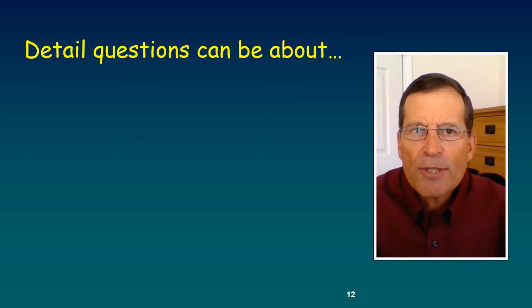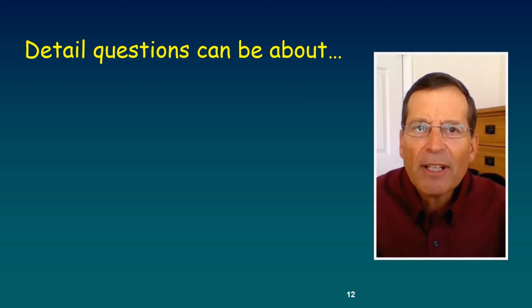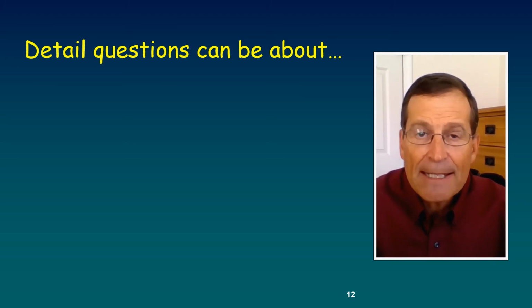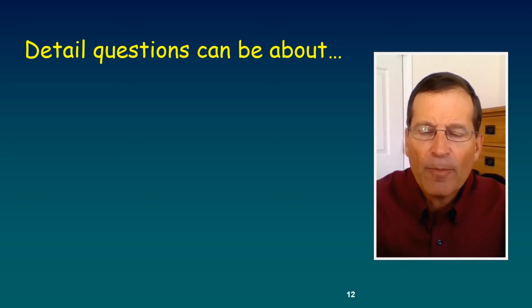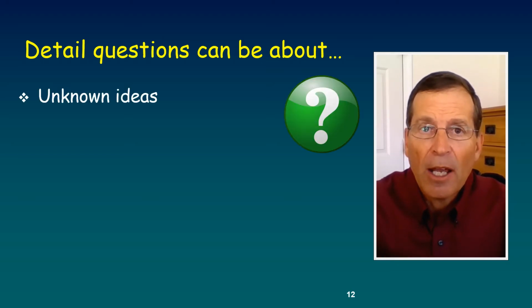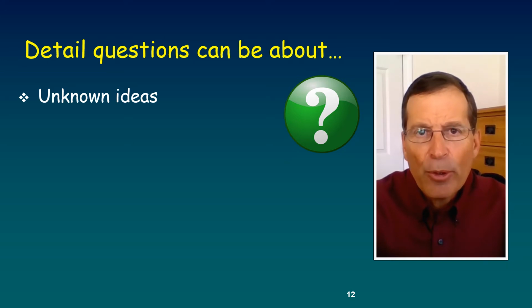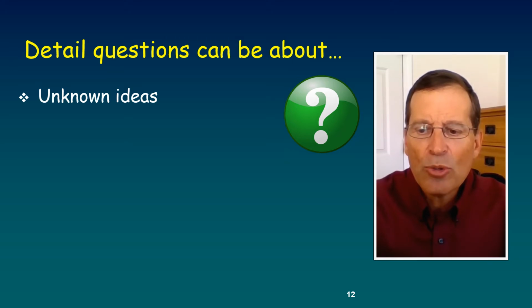On the next several slides, we'll be going over different kinds of things that detailed questions can be about. For example, unknown ideas. Now, in verse 35 of the Good Samaritan story, if you were translating from a literal version, you might have something like, "And the next day, the Samaritan man took out 2 denarii and gave them to the innkeeper."